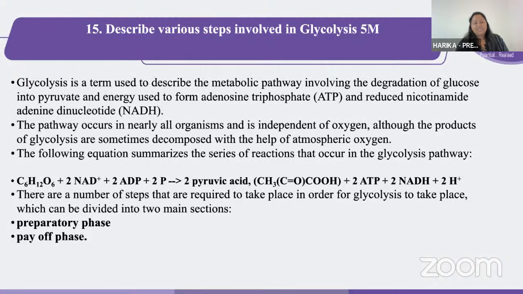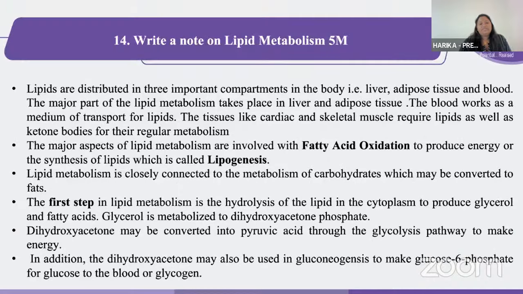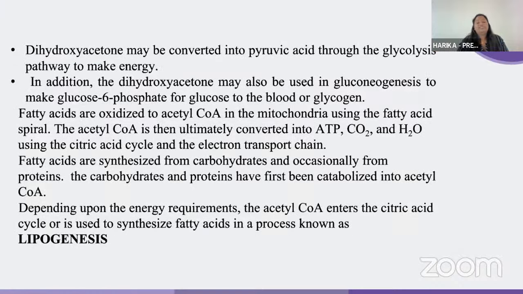Next question. Describe various steps involved in glycolysis. These are all 5 marks answers, so you can reduce the size of your answer. As you know, lipid metabolism is a very lengthy answer where you have to explain in detail about lipogenesis and the cycles involved in it, ketogenesis, lipogenesis, and all.